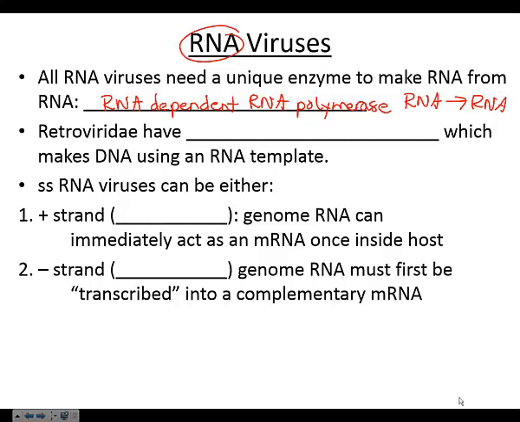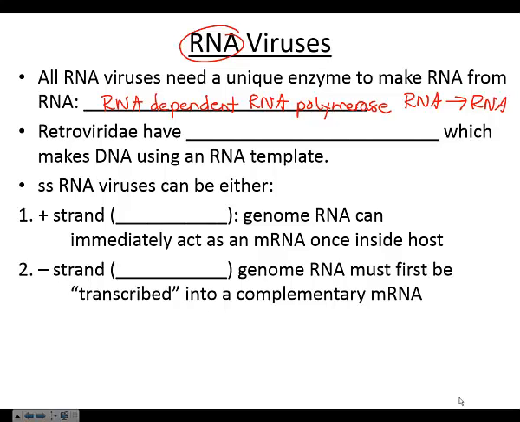This enzyme is different from our own cell's RNA polymerase, which in humans is a DNA-dependent RNA polymerase because it uses DNA as the template for messenger RNA synthesis.